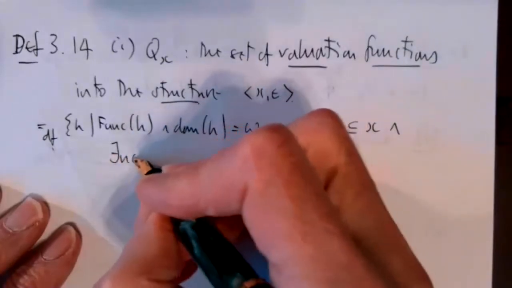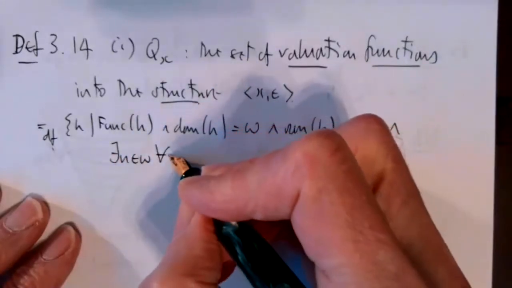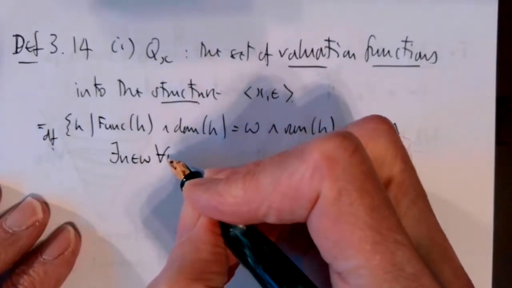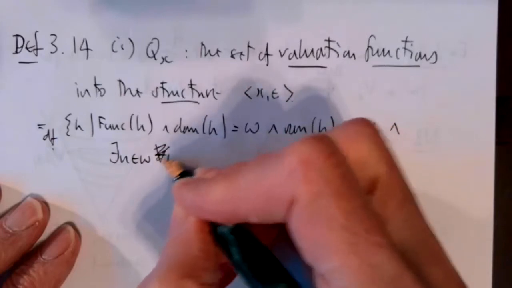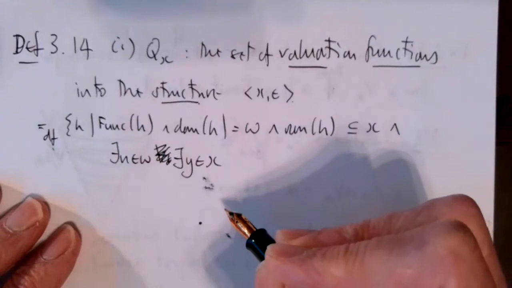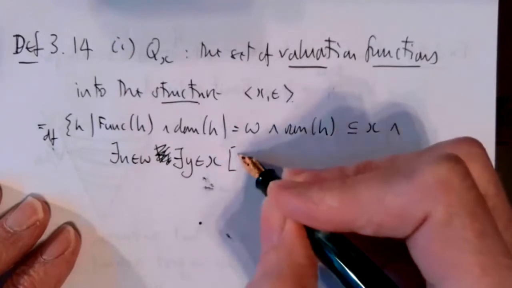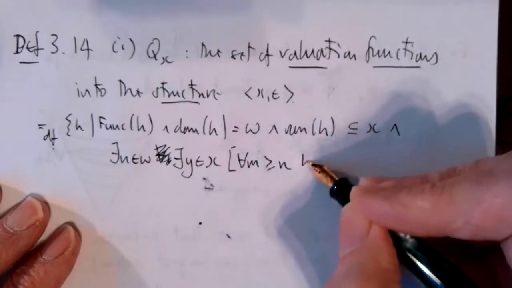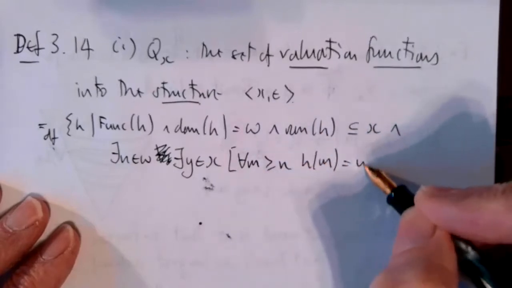So there's going to be some n in omega such that for all... oh, sorry, I'll stick with what I've written. So there is a y in X so that for all m greater than or equal to n, h of m returns y.